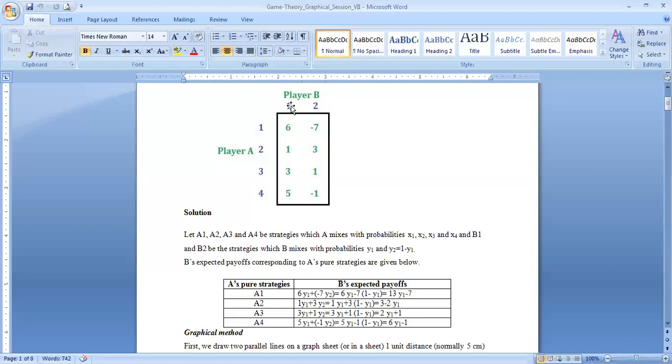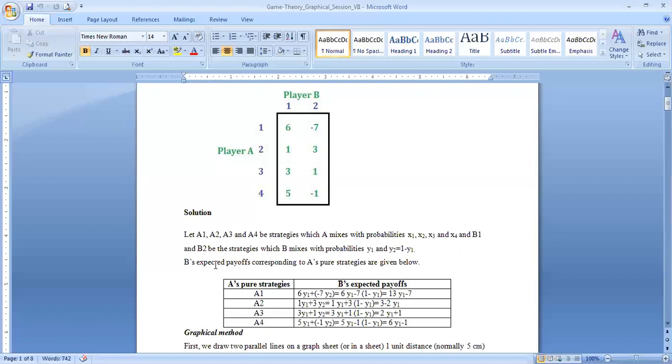In other words, y1 will be the probability of the first strategy, and the probability of the second strategy is 1 minus y1, because the sum of the probabilities of strategy 1 and strategy 2 should be equal to 1. So y1 plus y2 is equal to 1, hence y2 is equal to 1 minus y1. So B1 and B2 are the strategies which B mixes with the probabilities y1 and y2, where y2 is equal to 1 minus y1.